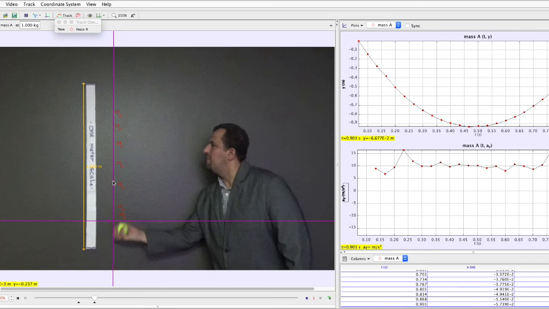If we have the positive side of y-axis up and the negative side of y-axis down, we will have a negative sign in front of the gravitational acceleration. If the negative side of y-axis is up and the positive side of y-axis is down, that will give me positive gravitational acceleration, as I showed you guys.